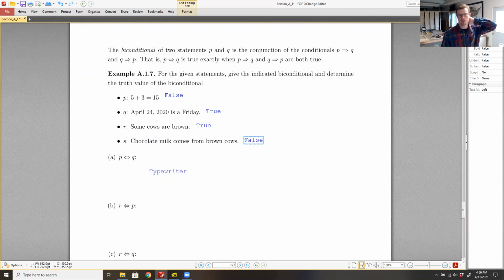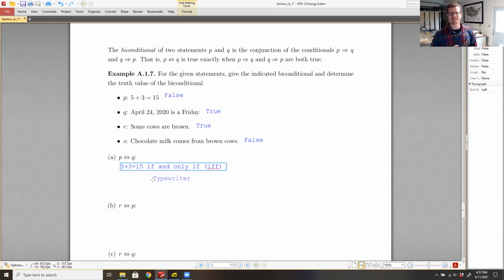All right, so we want to look at the biconditional, P if and only if Q. P is 5 plus 3 is equal to 15, if and only if, which can be abbreviated to IFF.